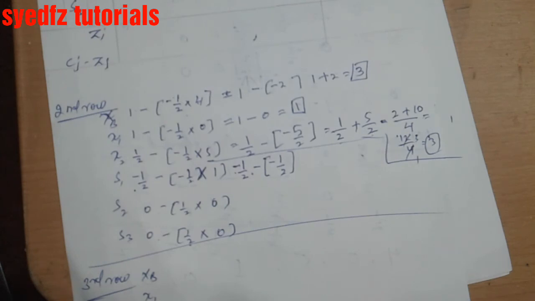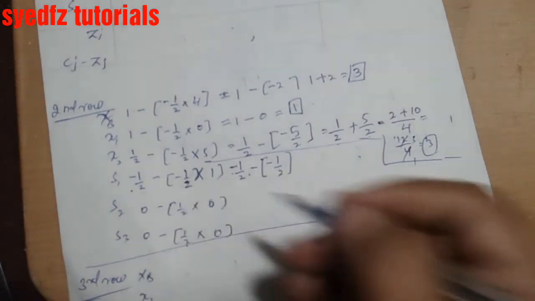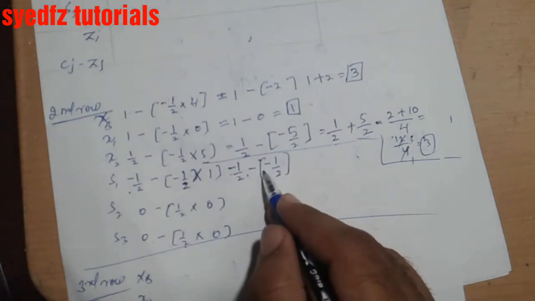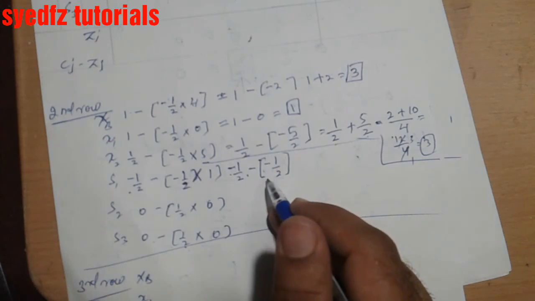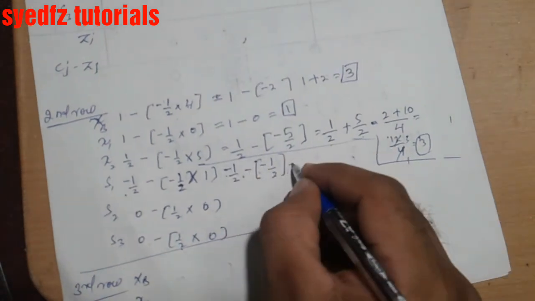In simplex, these minus values are very valuable. We should not lose any single minus. That's why I'm writing in brackets to get the proper answer. Should not miss any single minus. Minus into minus plus. This is the minus 1.